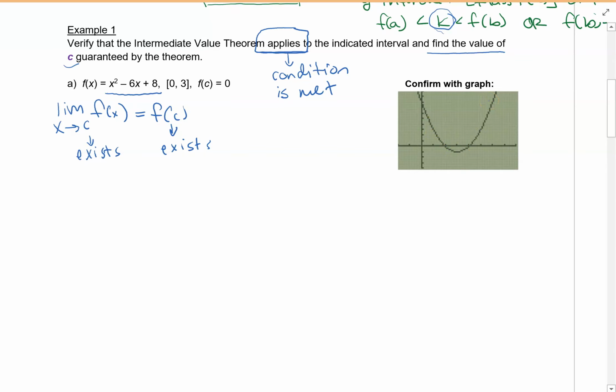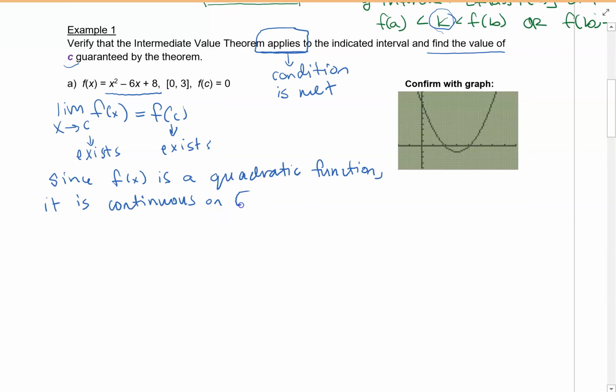So it's sufficient to say, since f of x is a quadratic function, it is continuous on the closed interval 0 to 3.